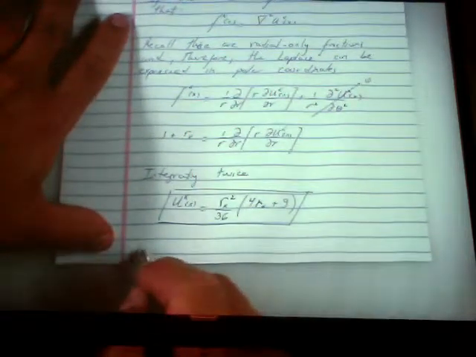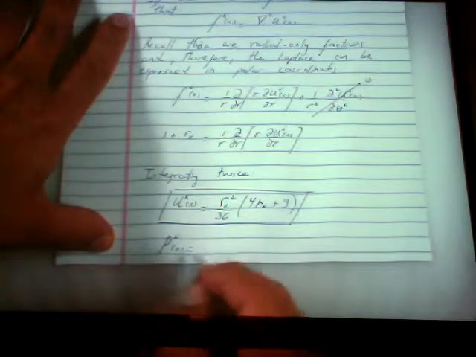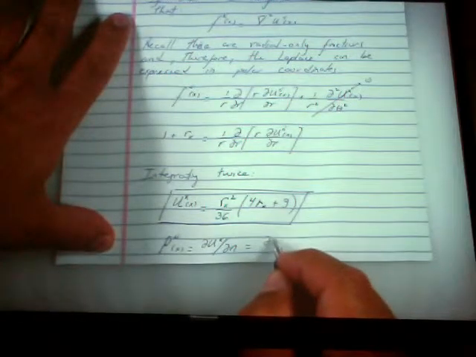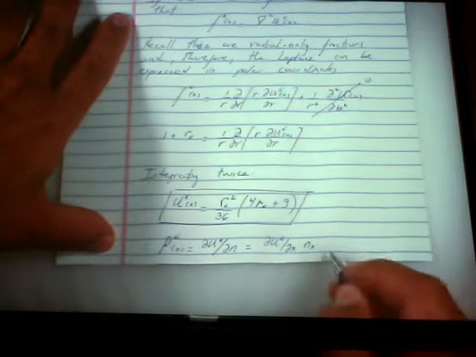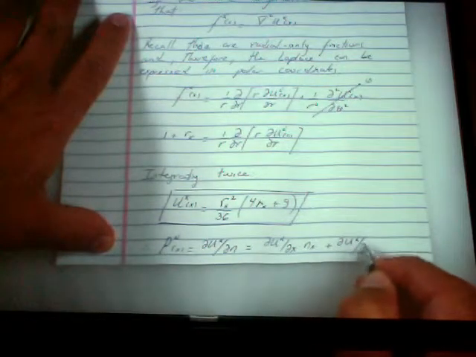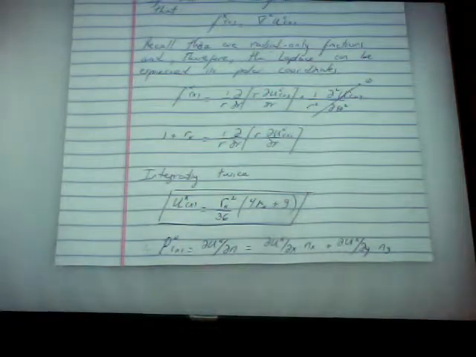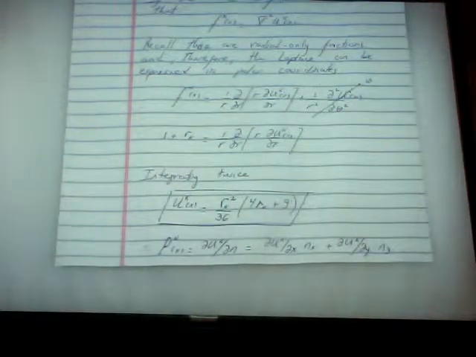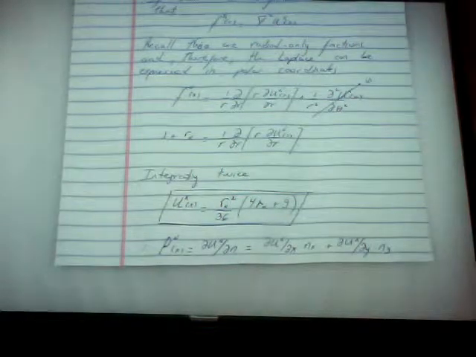And recall that pk of x, which is equal to duk/dn, is equal to duk/dx times nx plus duk/dy times ny. So it's just a matter of differentiating that with respect to x, with respect to y. Remember, r contains x and y. It's just an irrational function. And that's it. And those are radial basis functions.